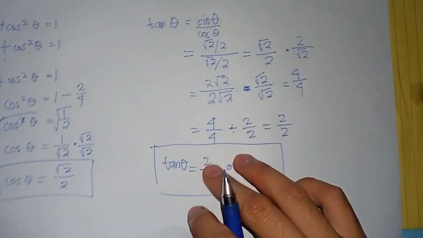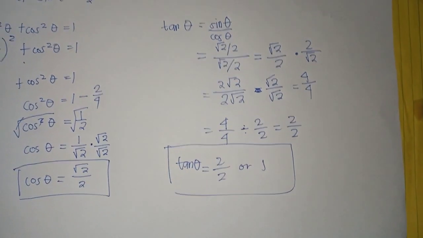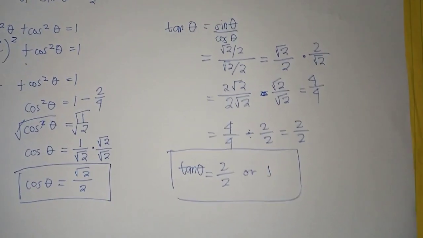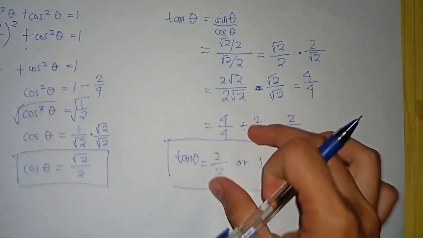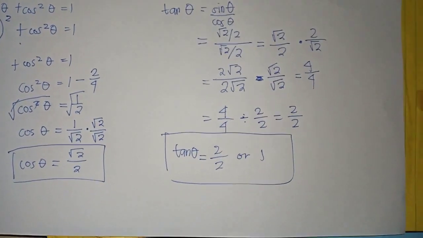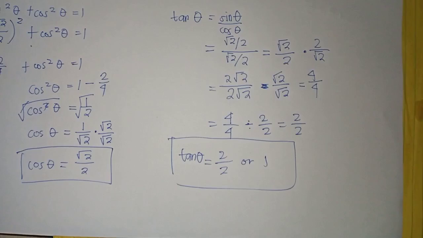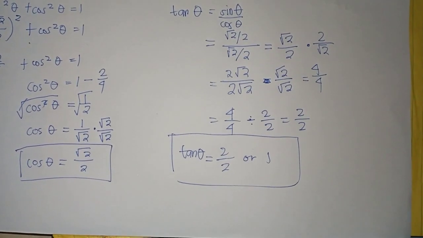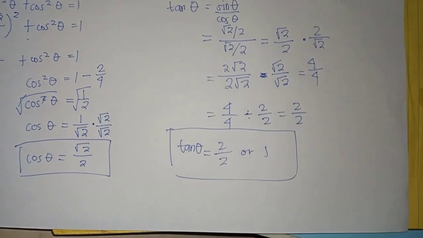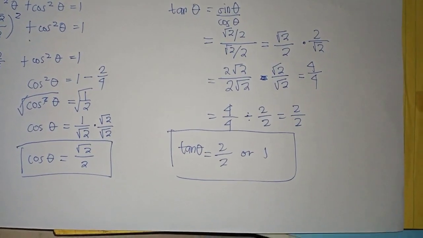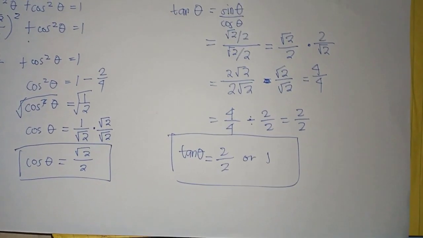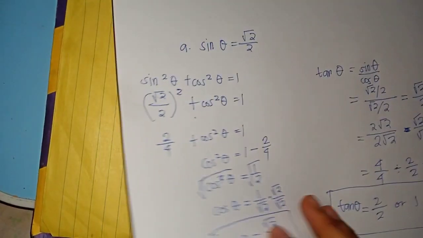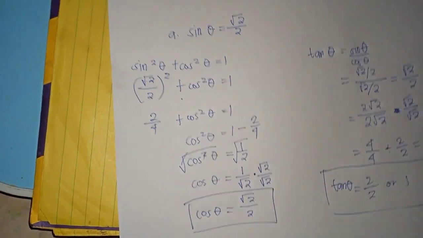So next, since given sine theta, cos theta, and tan theta, we need to find our cosecant. Since sine is given, we can get the cosecant.